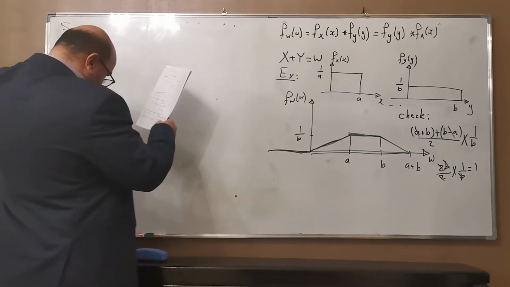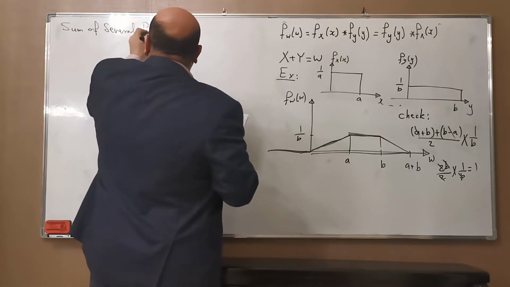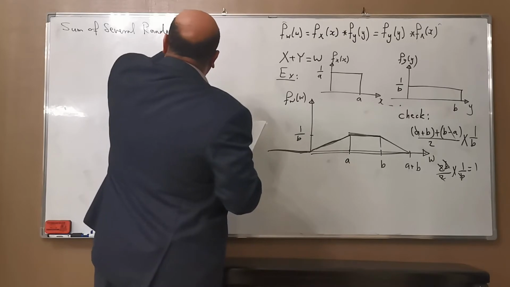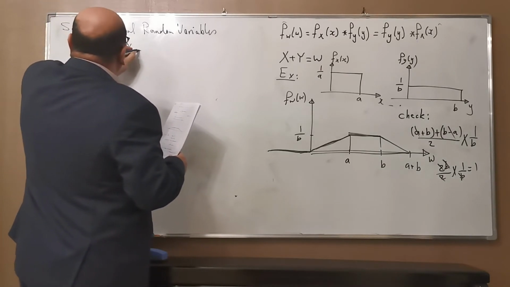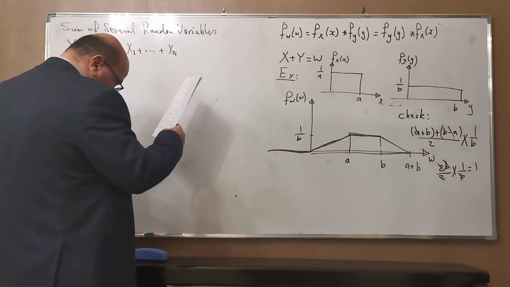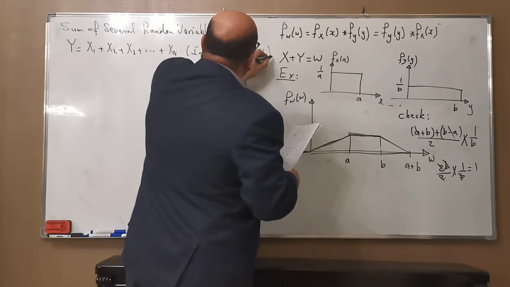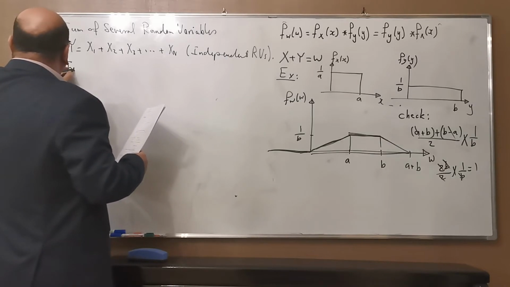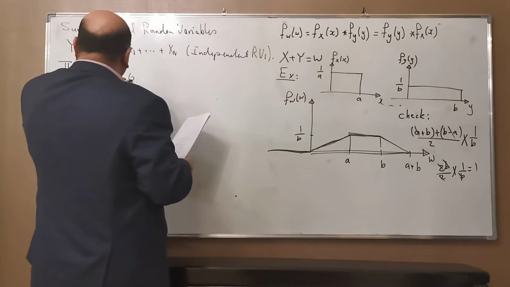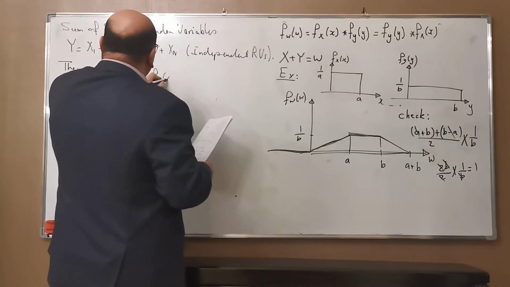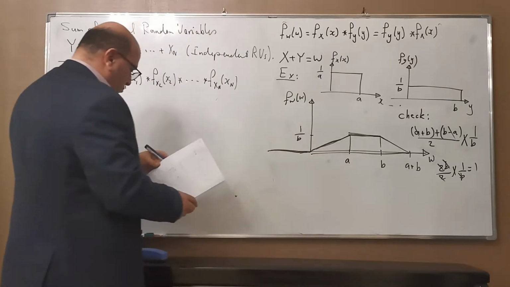If we have a sum of several random variables, so if you have y equals x1 plus x2 plus x3 up to x sub n, independent random variables, then fy of y equals the convolution of fx1 of x1 convolved with fx2 of x2 convolved with fxn of xn.